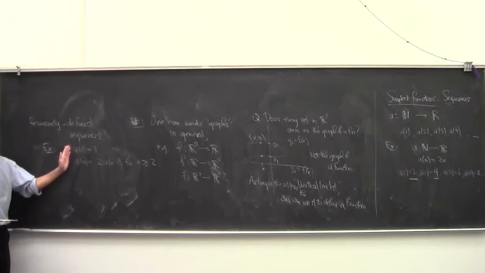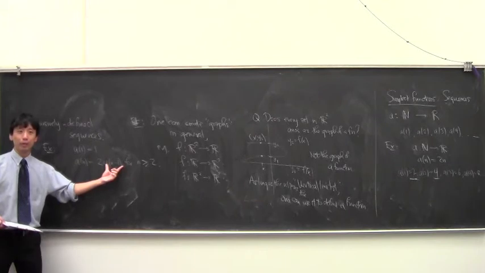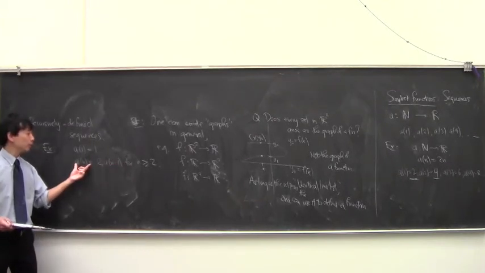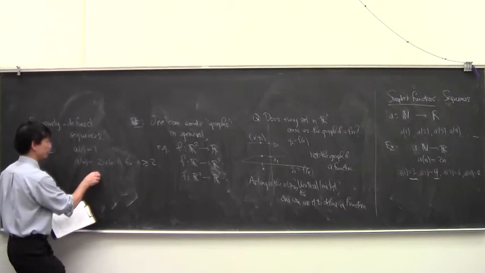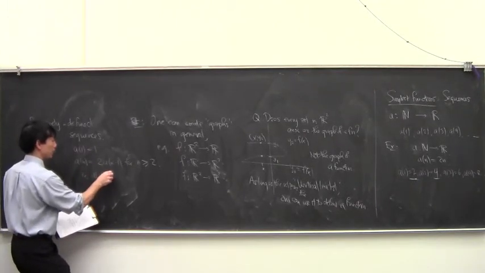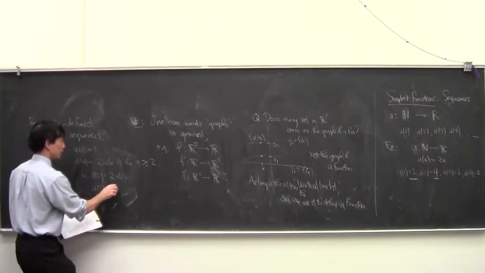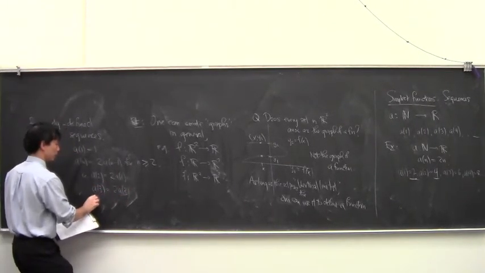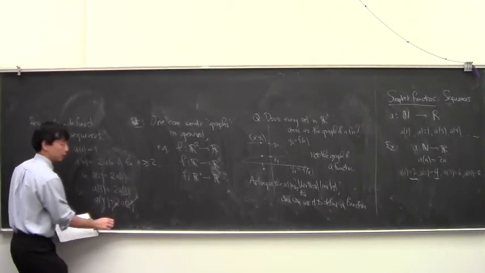What that would mean is that the first one is 1, and after that, everybody is twice the one before. So A2 is going to be twice A1, A3 is going to be twice A2, A4 is going to be twice A3, et cetera.